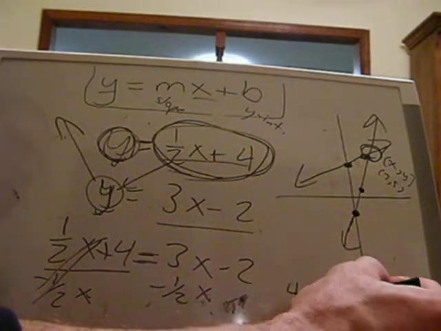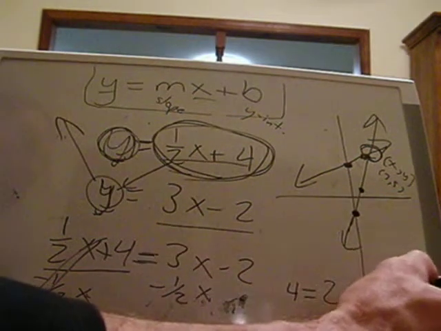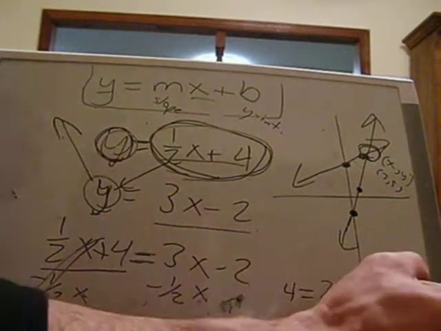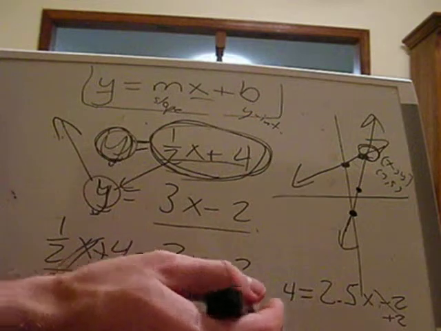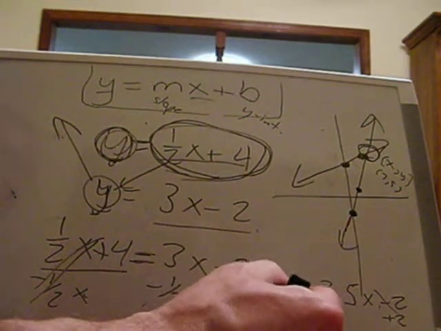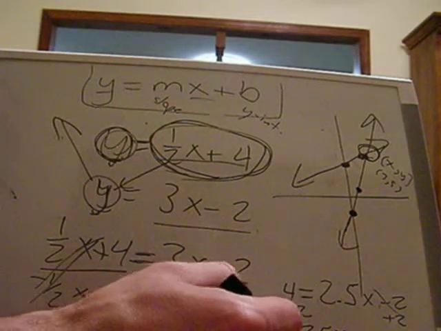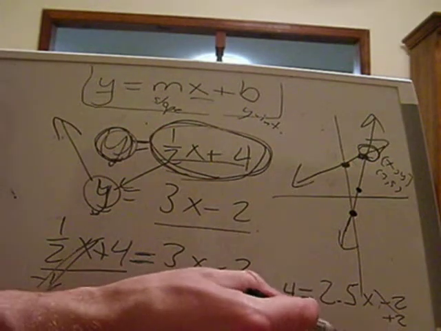We'll just go with decimals for now. 2.5x minus 2. Okay. Well, now I want to get this number over here with this number, so I'm going to add 2, opposite, so that cancels that negative 2 out, you get 0. Then I balance the equation, I add 2 over here, so I have 6 equals 2.5x. Then we're running out of room here, but we're going to divide by 2.5, because that's the opposite of multiplying.